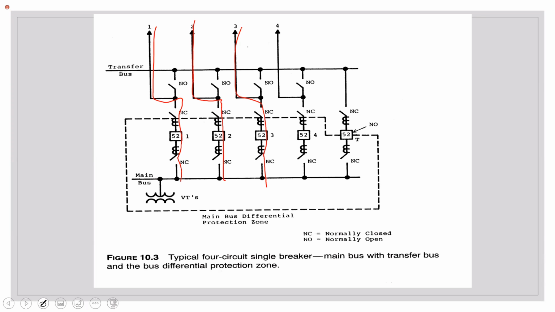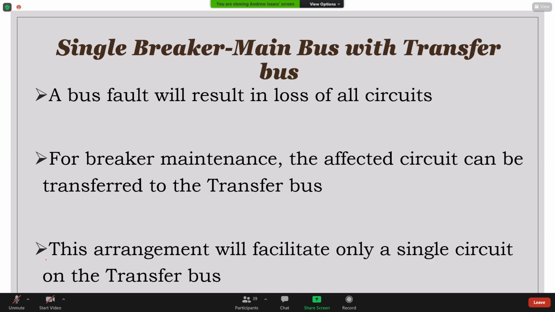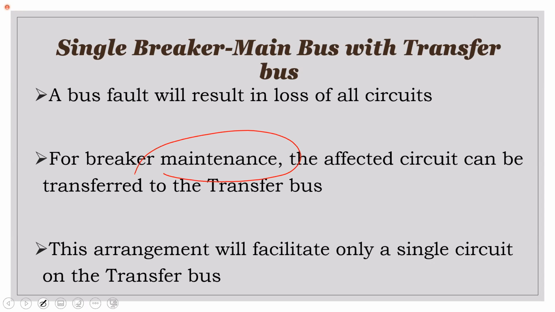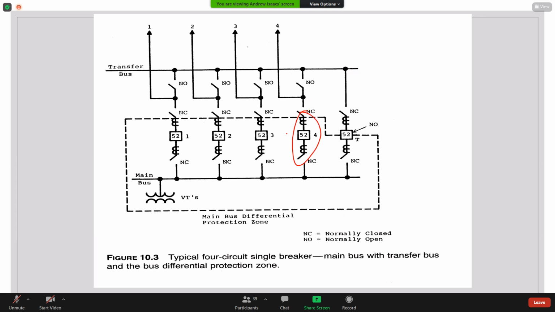Now, as it says, if we go back to the note, we said that if we need to carry out maintenance, then we can use a transfer bus. So let's go and trace that. For your transfer bus, here's my main bus. Now let us say I'm working on circuit breaker number 4. So this one will be taken out. But we still need to get power to circuit 4.